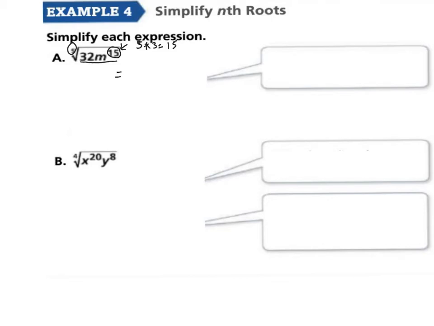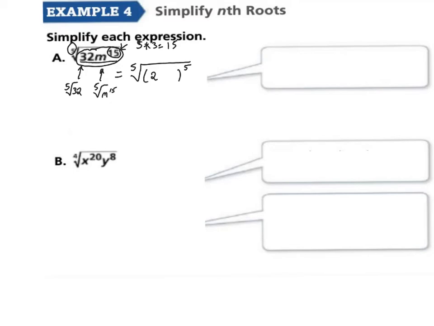So let's rewrite this. We're going to rewrite this as the fifth root, and then we're going to take out a fifth power. Now, that means we're looking at this piece right here, and we're going to take out the fifth power of each one. So we need to take the fifth root of 32. The fifth root of 32 will be 2. So that goes here. Then we need to take the fifth root of m to the 15.